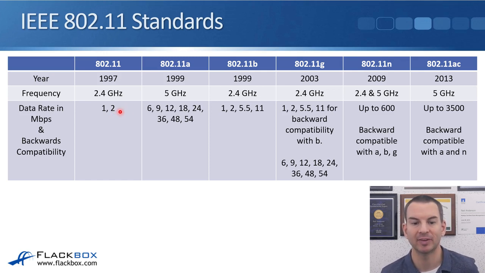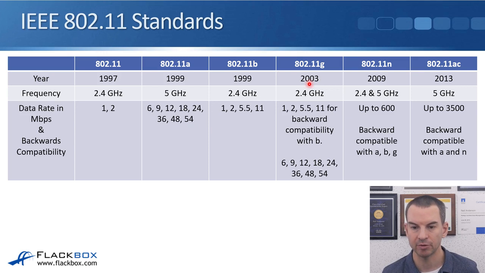So not long after that, in 1999, 802.11a and 802.11b both came out. 802.11b also operates at 2.4 gigahertz. 802.11a is 5 gigahertz. And the maximum bandwidth with 11b is 11 megabits per second. For 802.11a, it was 54 megabits per second. So that did give a pretty good speed increase.